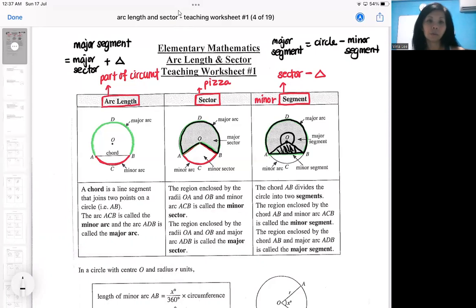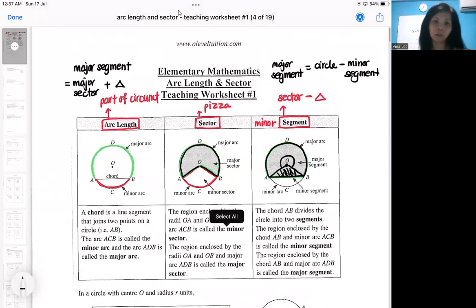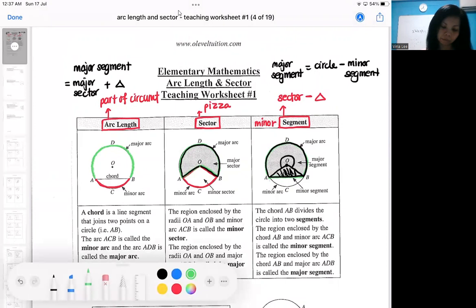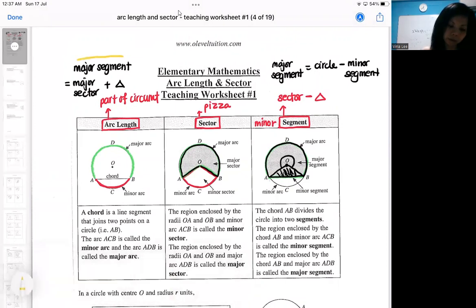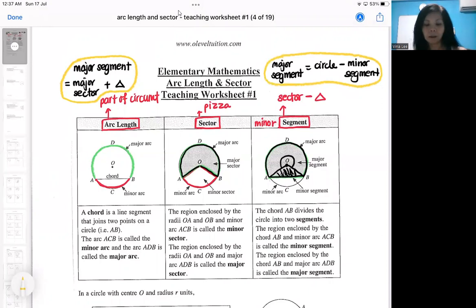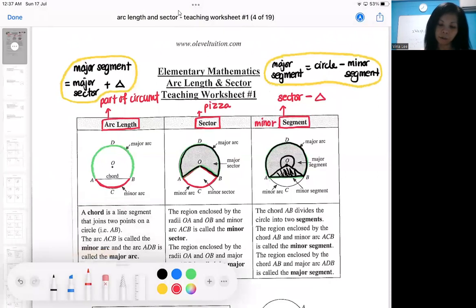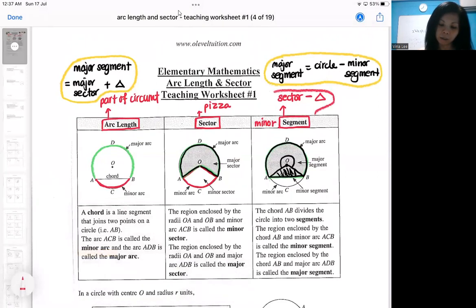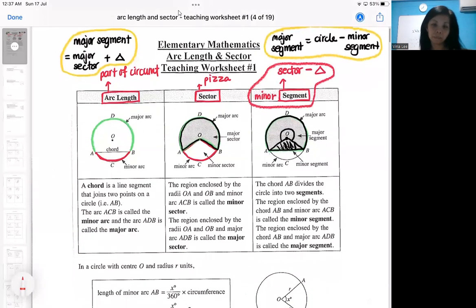So there are two ways to visualize the major segment: the big pizza plus a triangle, or you take the full circle and minus away the minor segment. But the minor segment will come from the idea of a piece of pizza subtracting a triangle. So that is the basic terminology that you need to understand.